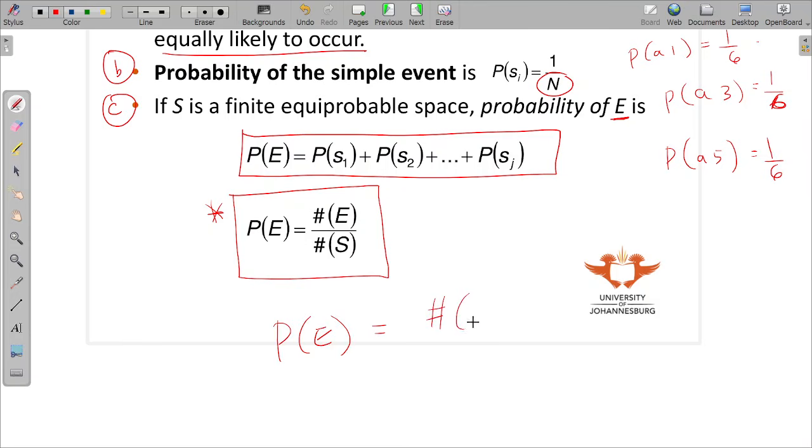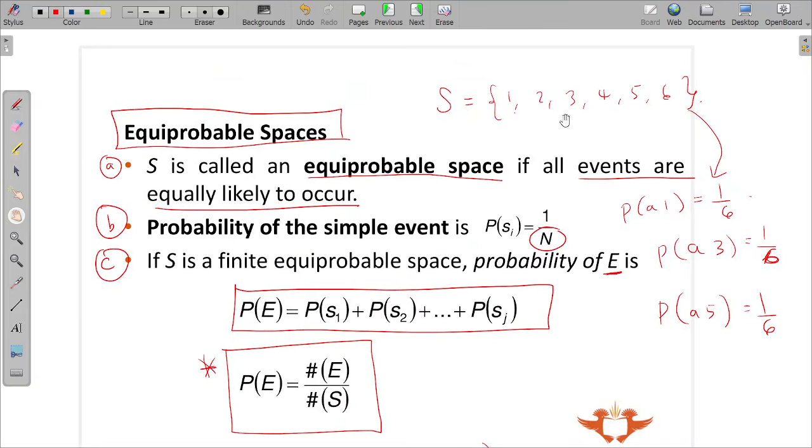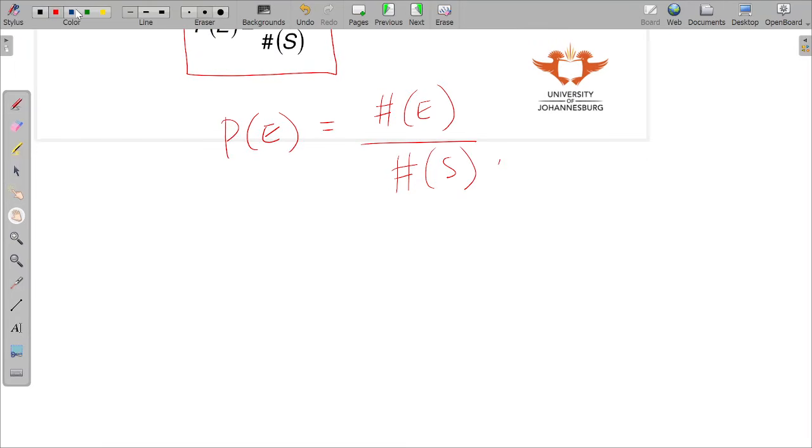Like in the example I showed you before, if I want to find the probability of a 1, how many 1s do we have here?